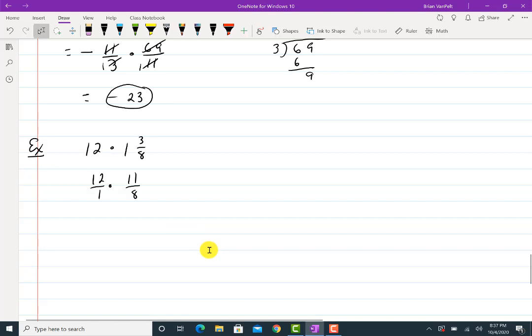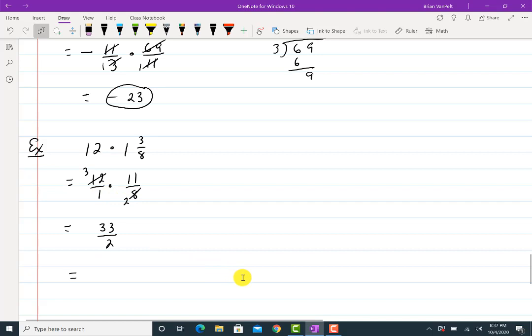Now remember, you don't need a common denominator when you're multiplying, only when you're adding and subtracting. But I will do some canceling here. Notice that 4 goes into 12 3 times and 4 goes into 8 twice. So I'm left with 3 times 11, and then I have 1 times 2.